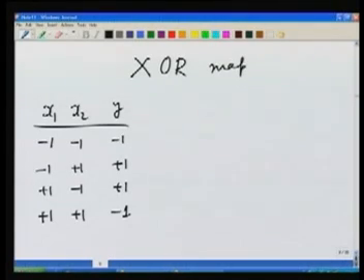For this case you have a +1 output, and in the other two cases you have a -1 output.